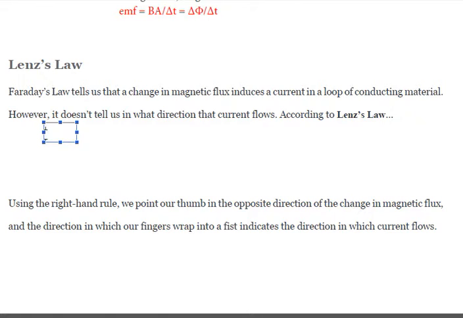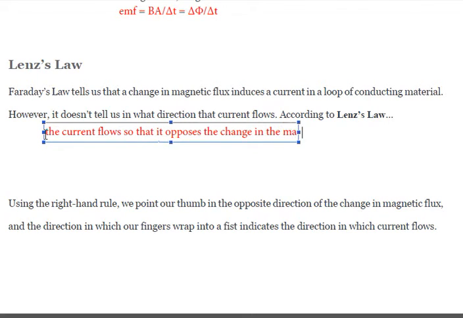So that's where Lenz comes along, and he says that the current flows so that it opposes the change in magnetic flux by creating its own magnetic field.